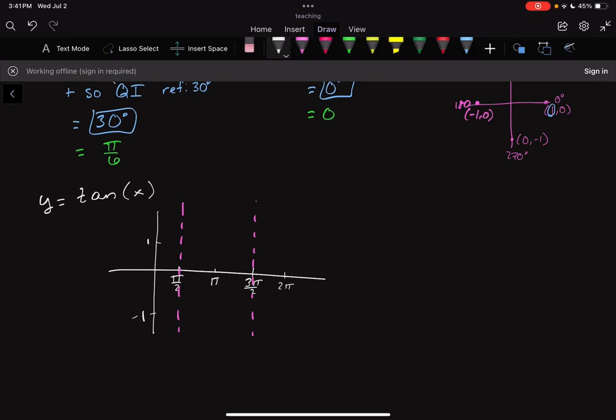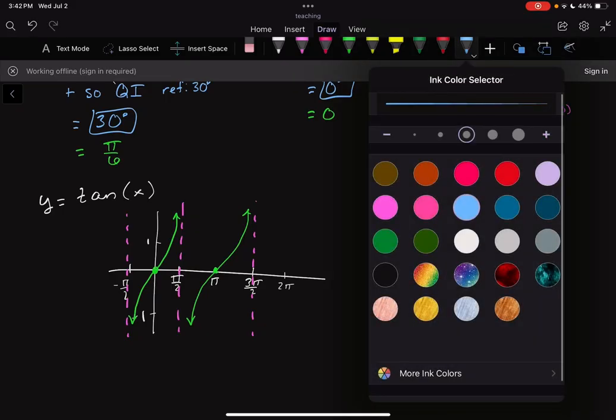This one you're going to find that we're going to use negative pi over 2 as well, and that is another asymptote. So here's what my graph is looking like. They're just supposed to be the same thickness. It's just a sketch. The cool thing about tangent is it actually breaks it up for you.